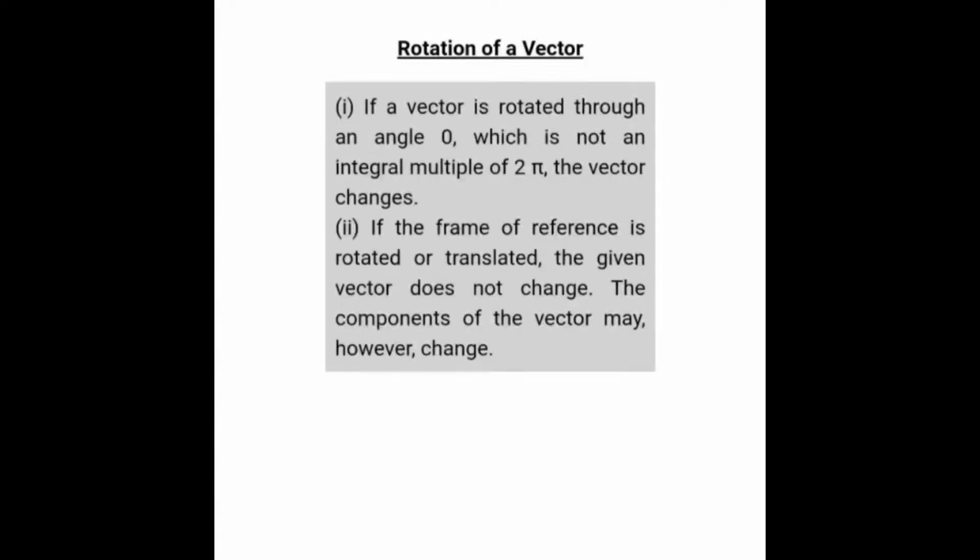Now, rotation of vector. A few vectors are moving in a circular direction and their direction is tangential. They are rotated through an angle of theta, which is not an integral multiple of 2 pi, that means not an integral multiple of 360 degrees. If the frame of reference is rotated or translated, the given vector does not change. The components of the vector may however change.